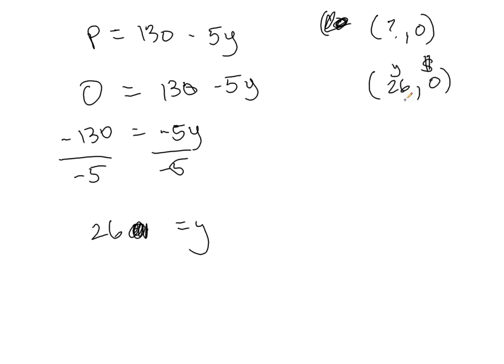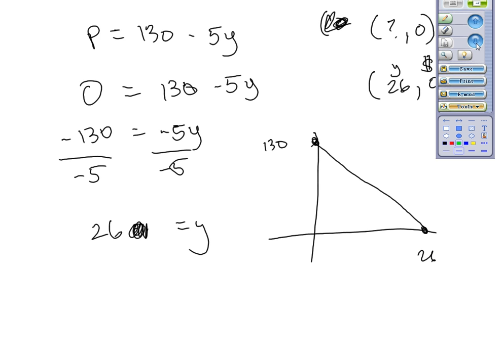Well, that should tell us that if I continue getting this $5 rate decrease, it's going to take 26 years before my premium is 0 bucks. Of course, we know that's kind of impossible, but again, the mathematics says that if I start at 130 bucks and I decrease by $5 for 26 years, then my premium should theoretically be 0.